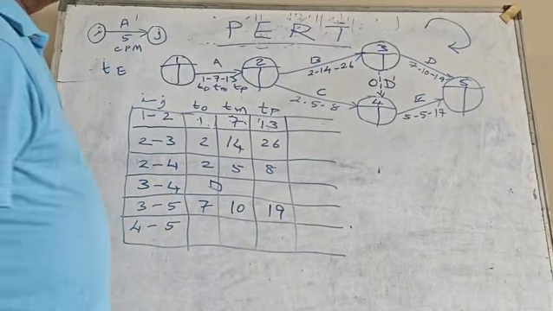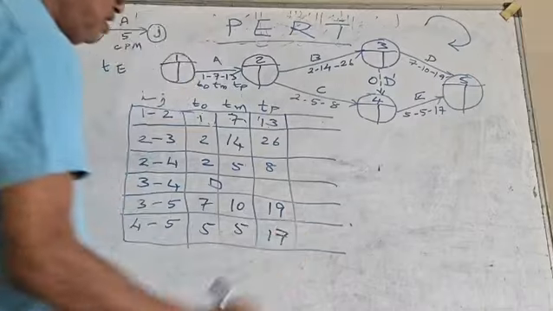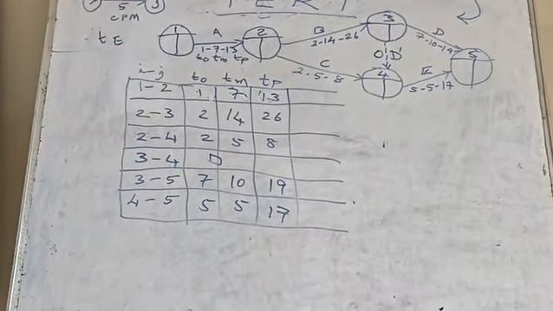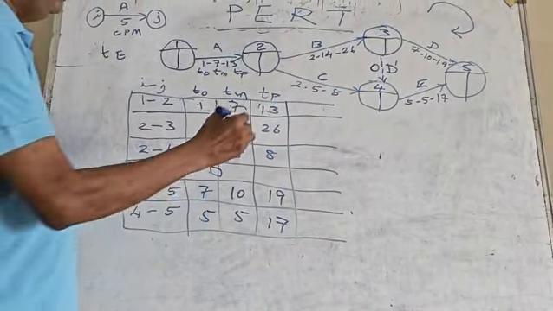Then the last one, 4, 5 is 5, 5, 17. Now I have transferred all the information from the network onto the table, because I want to calculate TE.